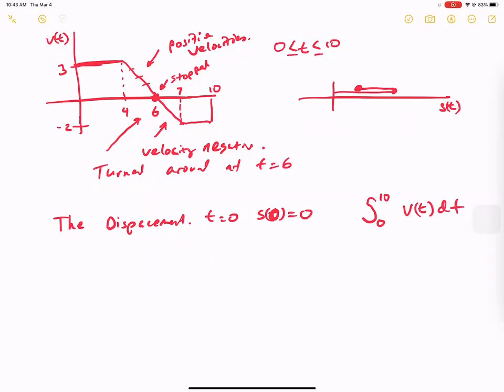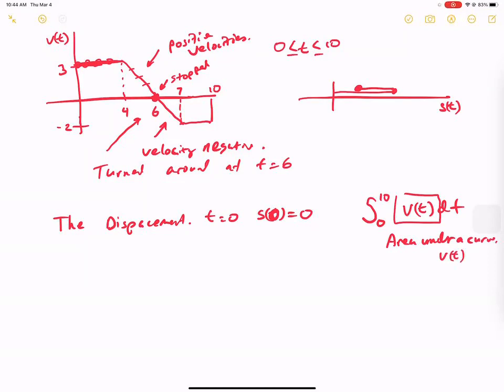Now v of t is given by the actual graph. And unless you want to multiply all the v of t's by a little bit of dt, this would be a waste of our time. So what we mentioned before is that an integral is another way of looking at the area underneath a curve, and the curve for us is v of t. So let's go ahead and find the area underneath this curve.